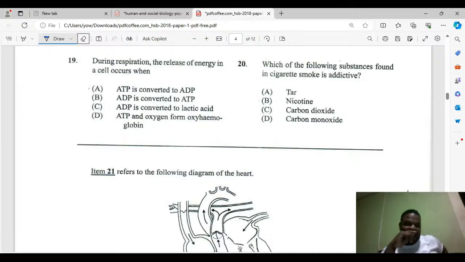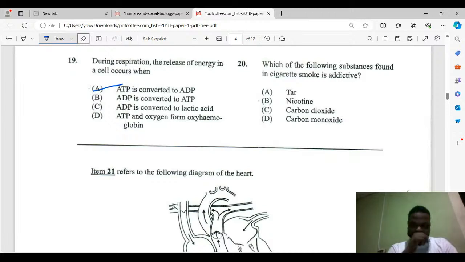So you're saying it is ATP to ADP. So you're saying it's A because ATP is adenosine triphosphate, and when you exercise, right, you lose one because a phosphate group is lost, so therefore it becomes ADP. Indeed.